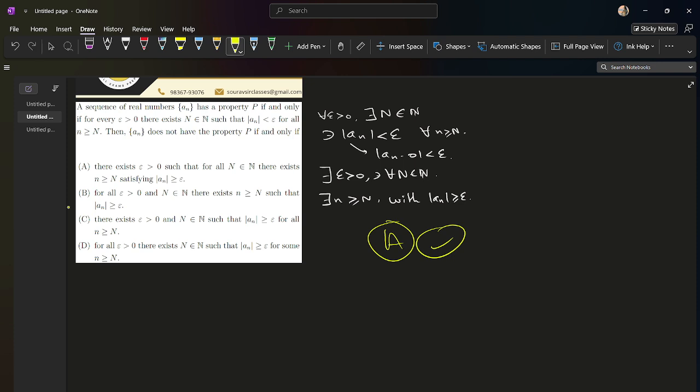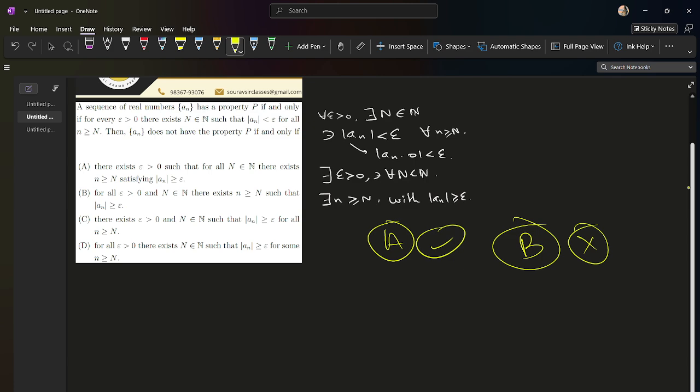Option B says for all epsilon greater than 0 and N belonging to the natural numbers, there exists n greater than or equal to N such that mod of a_n is greater than or equal to epsilon. This is too strong. It states that for every epsilon greater than 0 we can always find large values of mod a_n, which suggests the sequence is unbounded rather than just failing to converge to 0. So B is not an accurate negation.